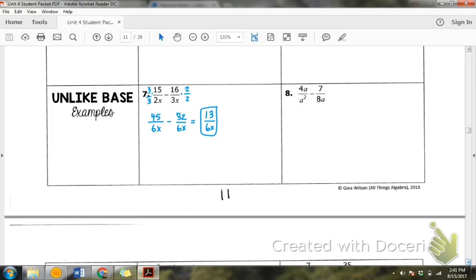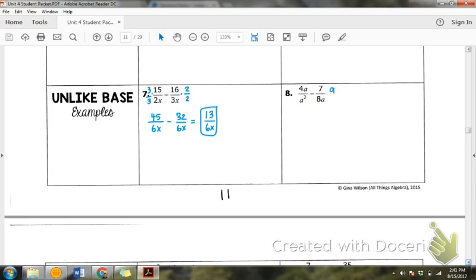All right, so we're doing that same process. So let's look at number 8. So we're going to ask ourselves, what is this fraction missing in the denominator that this one has? An a squared, right? But doesn't this fraction already have an a? So it just needs what? Another a, right? So we're going to multiply this side.